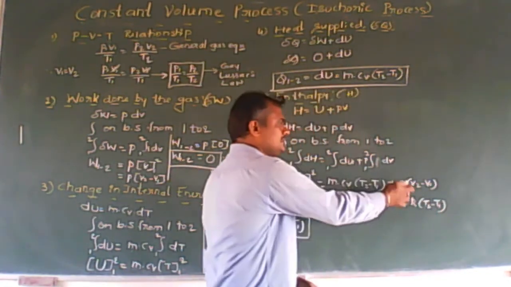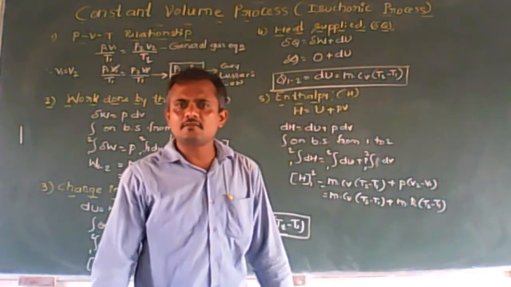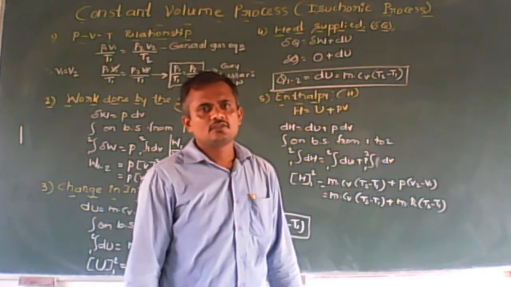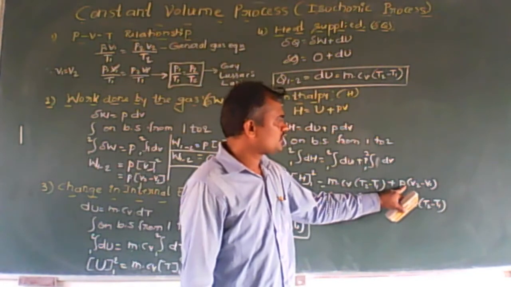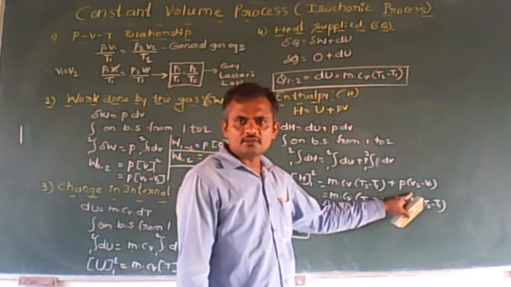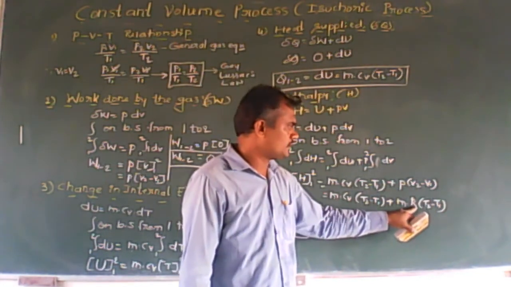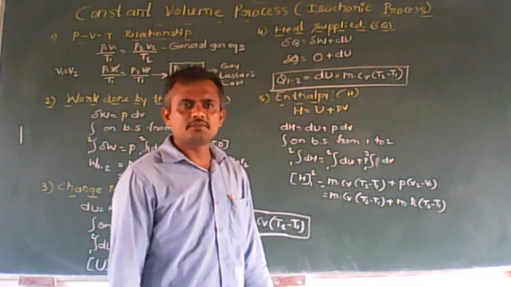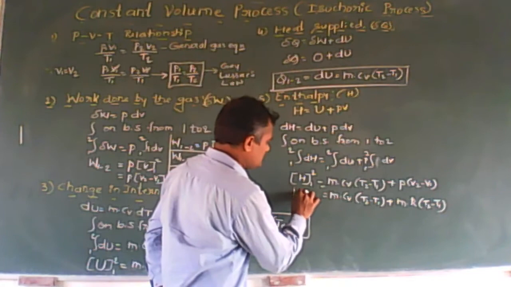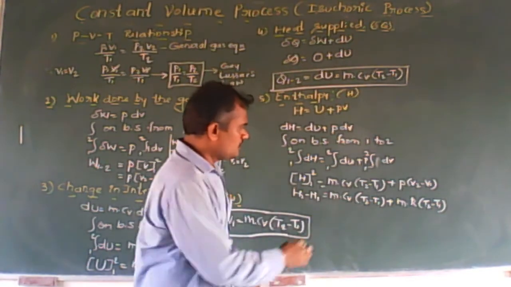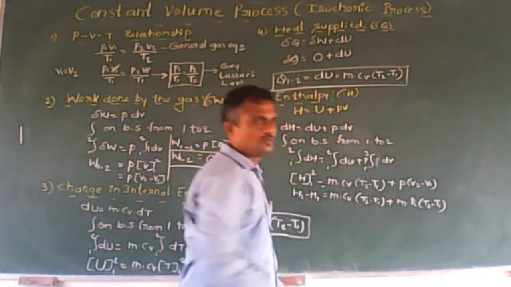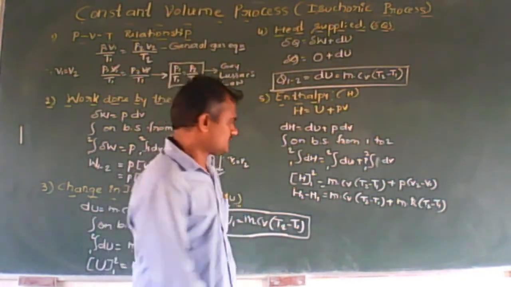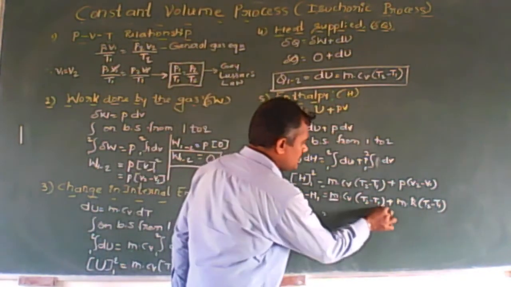How this is written as m into R into T2 minus T1, you can refer to my previous video, where I have clearly explained why pressure into V2 minus V1 becomes m into R into T2 minus T1. In H2 minus H1, the common thing we have to take outside is m into T2 minus T1.